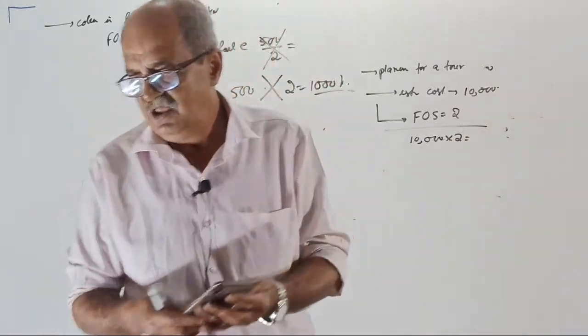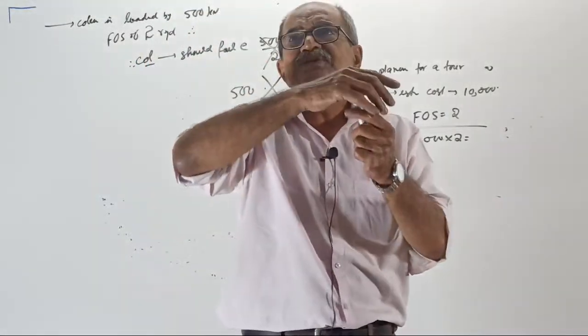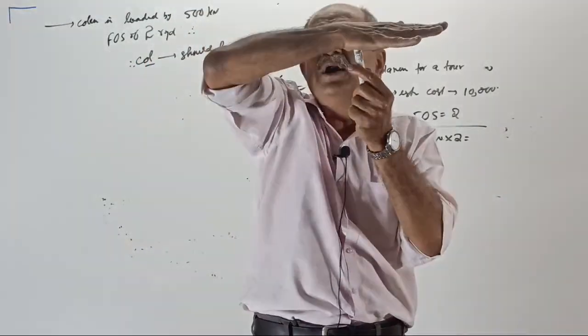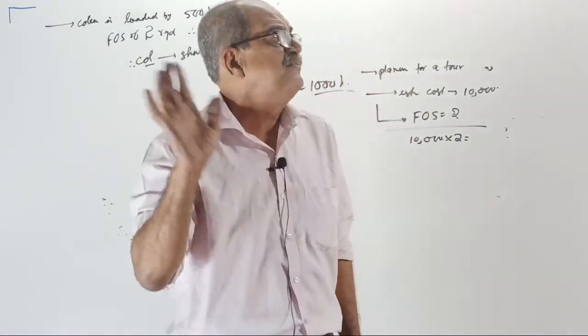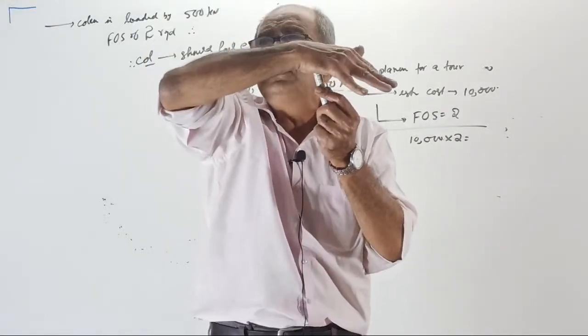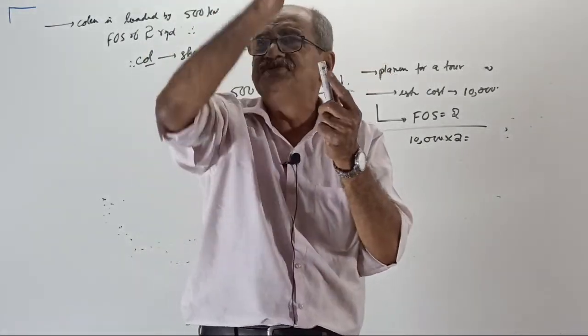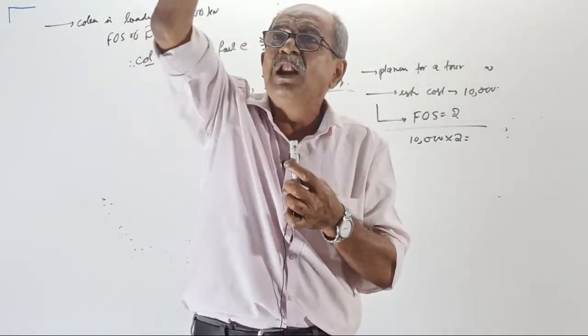Okay, done. So therefore remember, if a column is found to fail at a load, you apply a lesser load. Divide by factor of safety. Or if you want to apply a particular load, you see that the column will fail at a higher load.